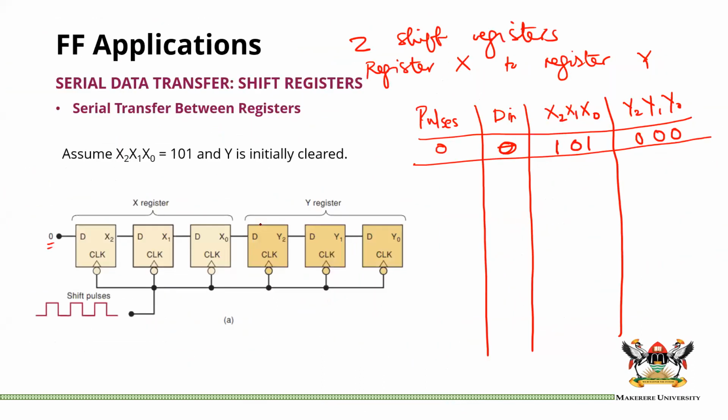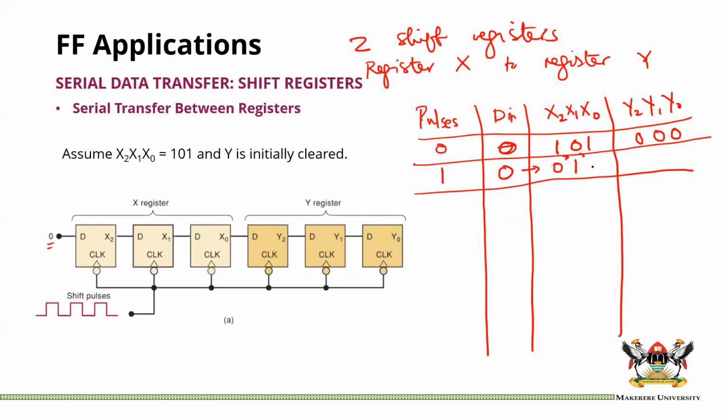So on the first pulse, our D input is a 0. That 0 goes into X2. And usually they will keep this at some value like a 0 or a 1. So you have now a 0. This one goes here.